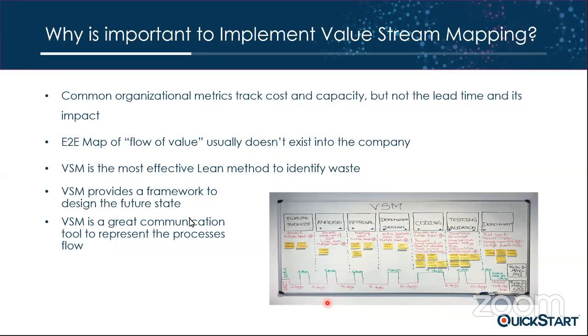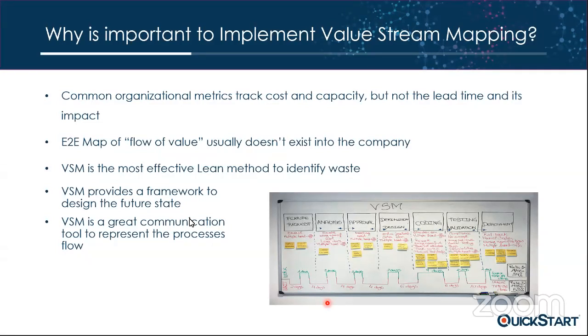First, in a common organization, and I'm not saying every organization, right? But mostly in a common organization, we don't have lead time metrics and their impact. We usually have, again, cost, capacity, but not specifically lead time.